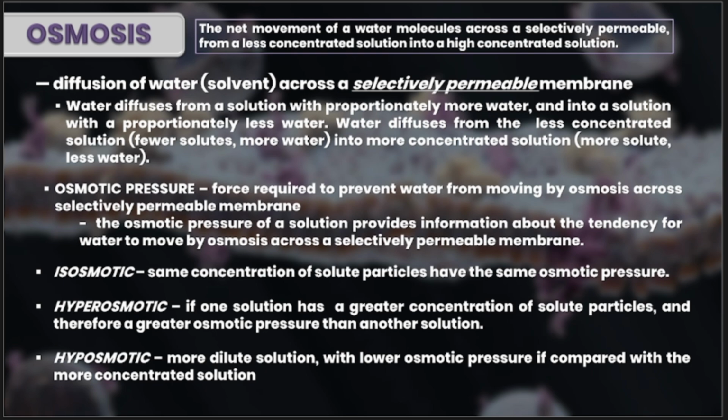And lastly, we have hypoosmotic, in which a solution is more dilute, with fewer solute particles, and therefore has lower osmotic pressure compared to a more concentrated solution. So it will lose water to the more concentrated solution if they are separated by a selectively permeable membrane.